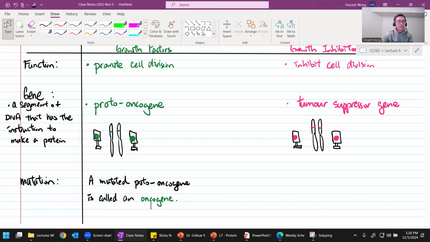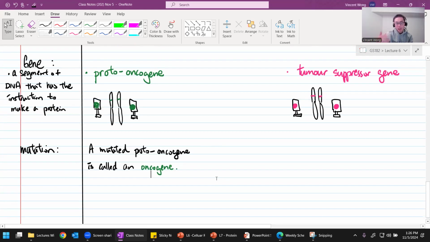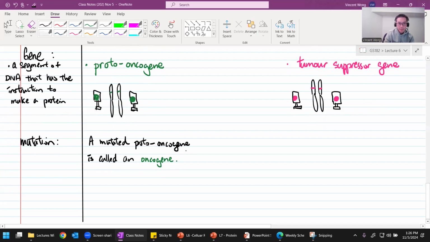What do we call doctors who treat patients with cancer? Oncologist. Oncologists, that's right. So oncogene, oncologist, they have the same prefix, and they mean the same thing in the context of what we're talking about. So this is actually related to cancer, and I'm going to show you how in a second. So a mutated proto-oncogene is called an oncogene.